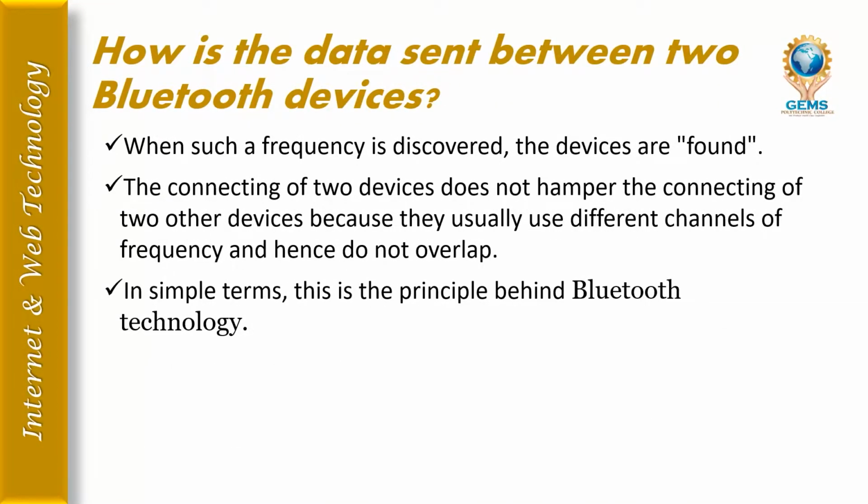When such a frequency is discovered and the devices are found, the connecting of two devices does not hamper the connecting of two other devices, because they use different frequency channels and hence do not overlap. In simple terms, this is the principle behind Bluetooth technology.